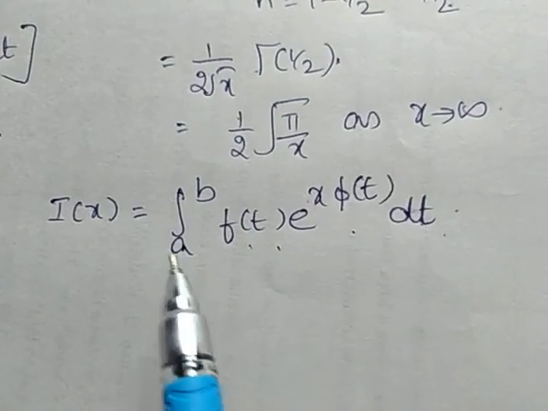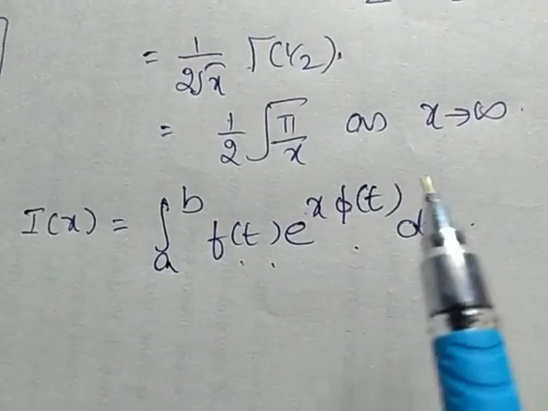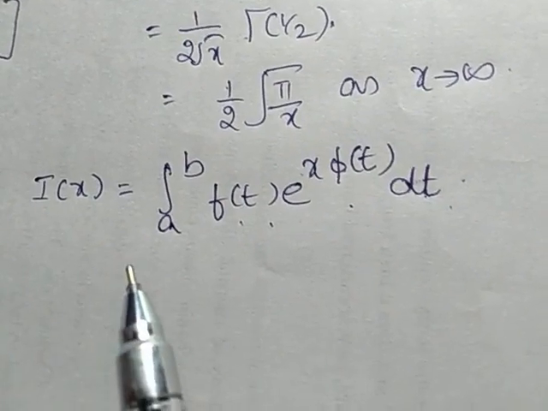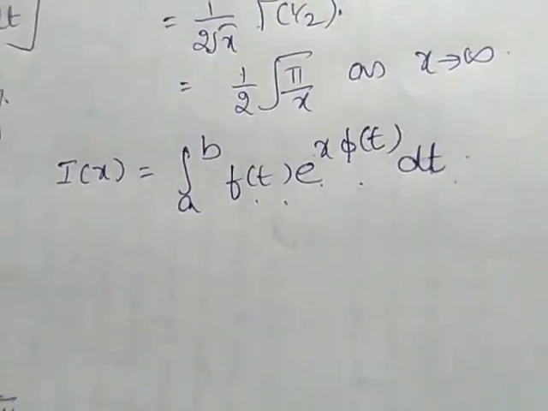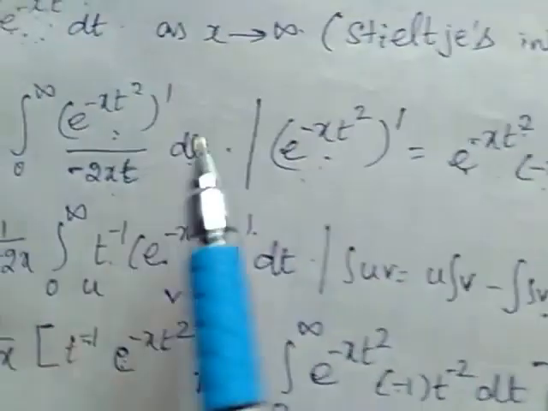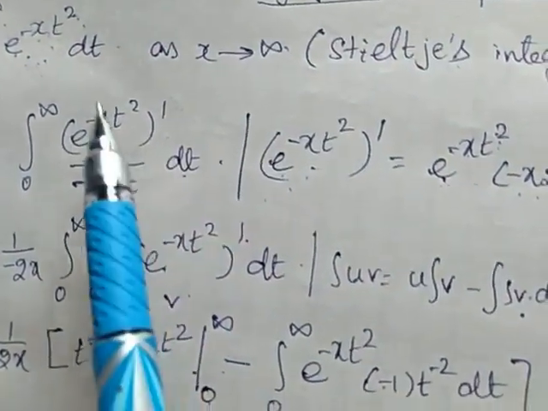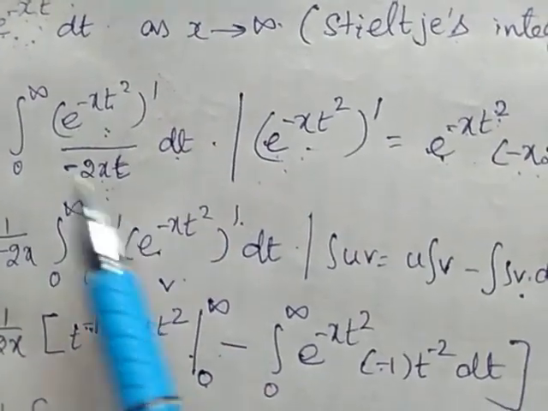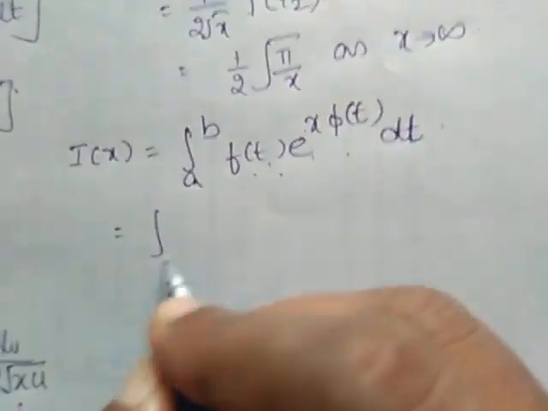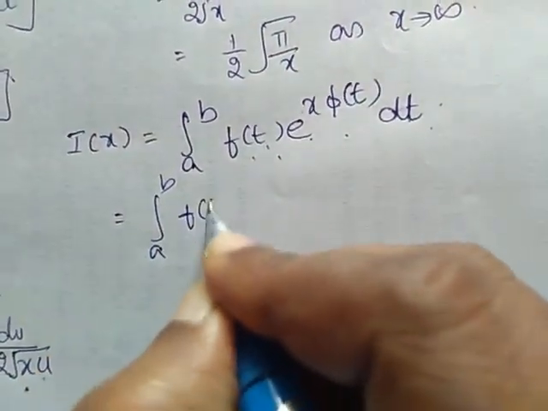So when we integrate this by parts, how will we integrate it? See, in the earlier case we substituted the derivative form and the derivative of the power. Same thing here also, f of t remains as it is.